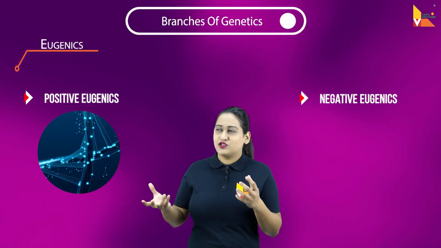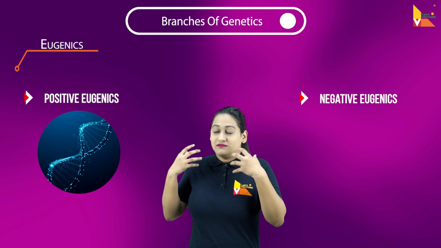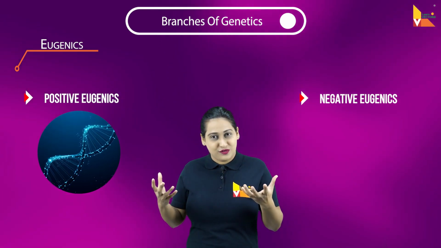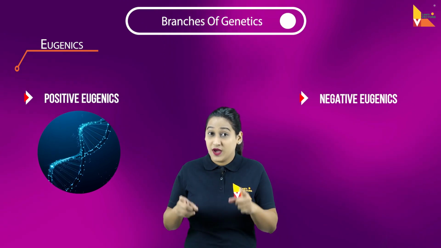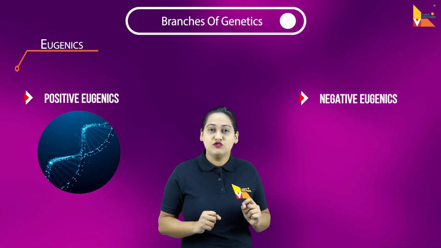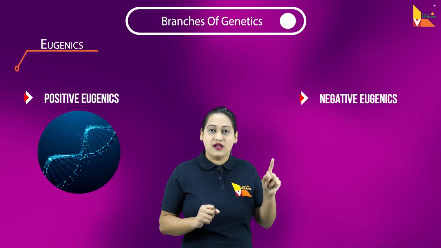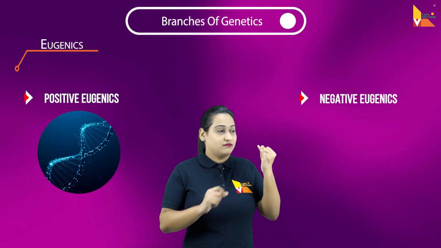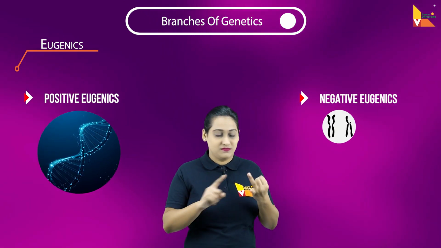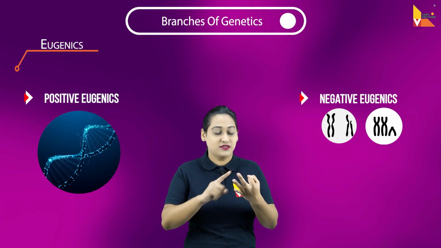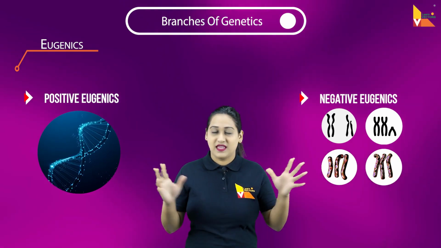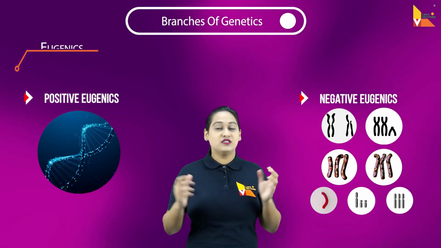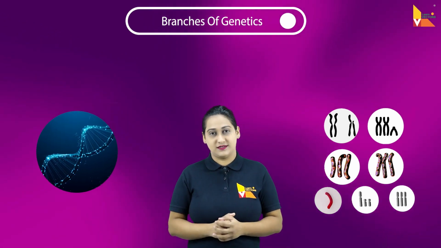It is giving an opportunity to people to actually improve the branch of genetics. Whereas negative eugenics is the one which is dealing with mutation, chromosomal aberrations, genetic disorders, anomalies, etc. So this is all about eugenics.